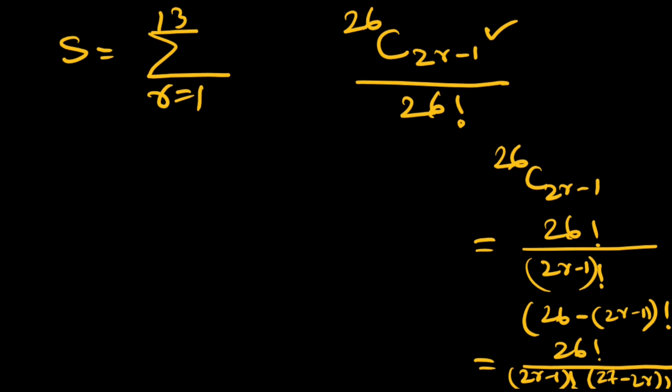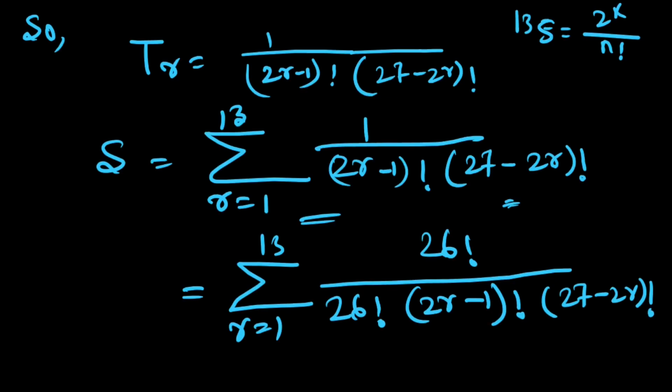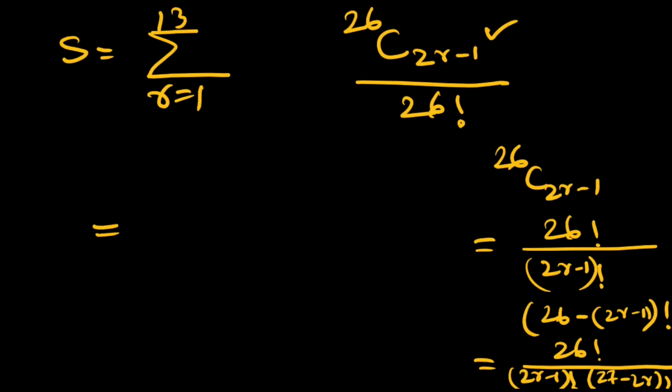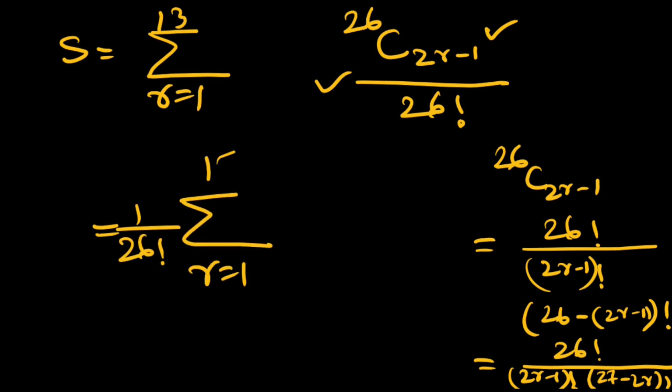That is exactly the term here. Now this 26 factorial comes outside the summation: 1 over 26 factorial times the sum over r from 1 to 13 of 26C(2r minus 1).